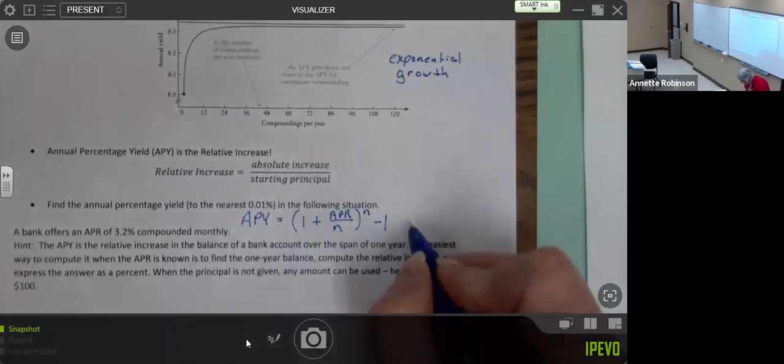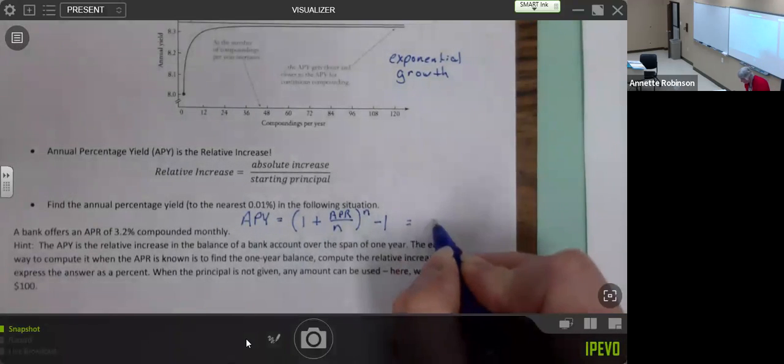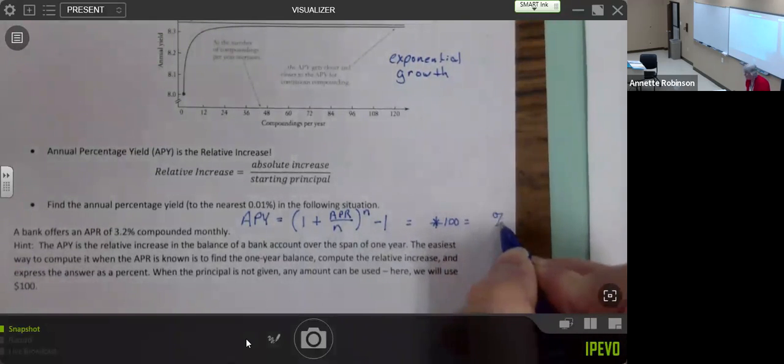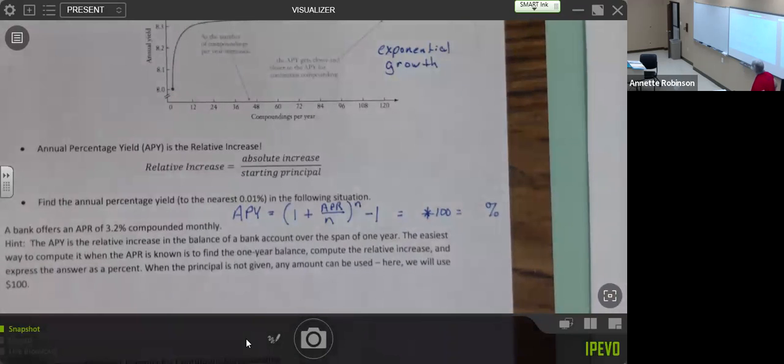We're also, after we hit equal, going to multiply it by 100 because, again, this is going to be a percent number. The APY is the actual yield your account got because of rounding. APR was what the bank advertised they gave as an interest rate. That's the difference in the two. So you might want to put that on your green sheet.